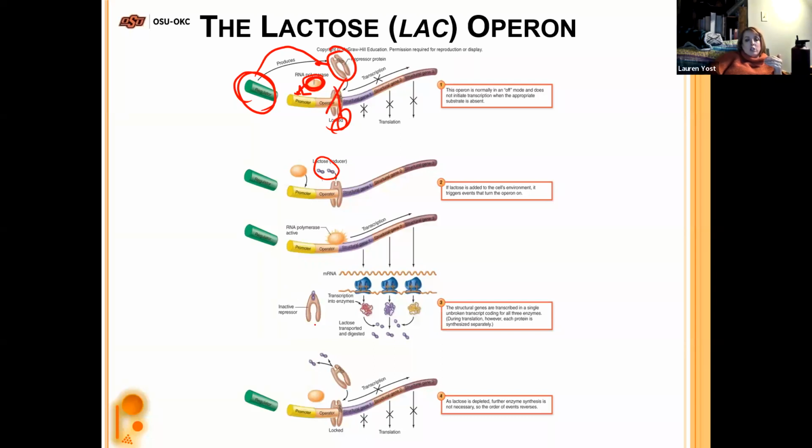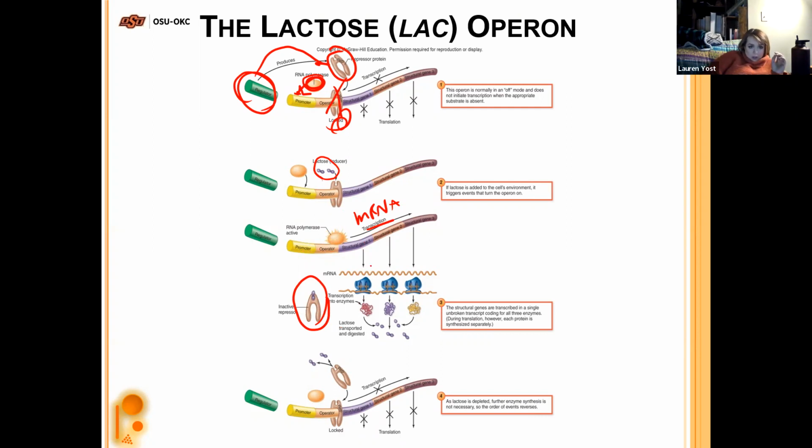It's going to change the shape of the repressor, so it's no longer going to be associated with that DNA. This is the DNA where this is all happening, okay? So now the RNA polymerase can come and interact with that DNA area and start transcribing it, right? So that's how we would turn it on.